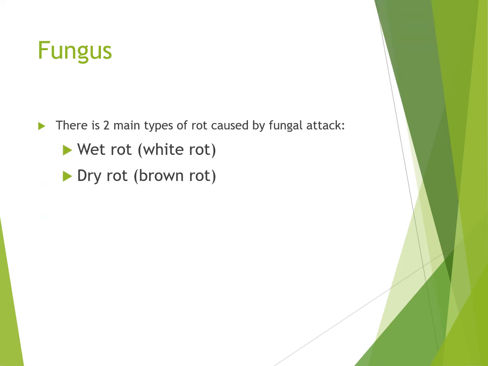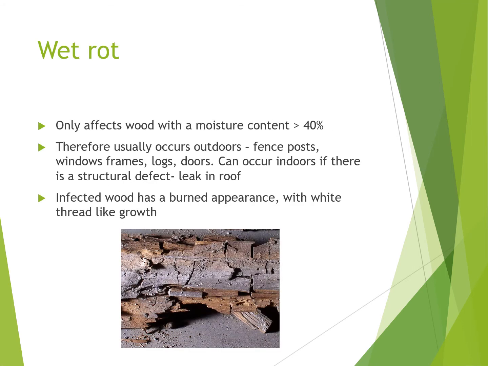There are two main types of rot caused by fungal attack. Wet rot, which is white in colour, and dry rot, which is brown in colour. So we've got wet rot here, which is whitish in colour on the outside of the wood. It only affects wood with a moisture content greater than 40%.